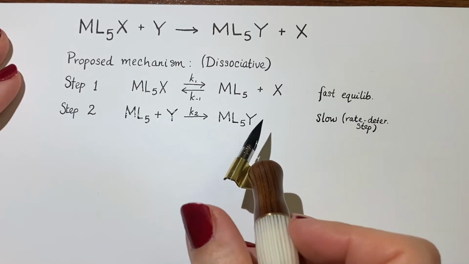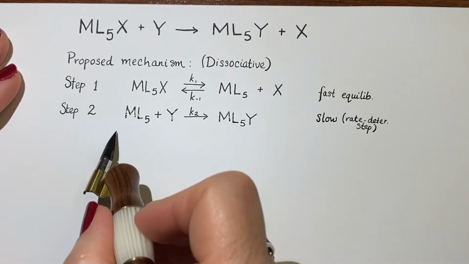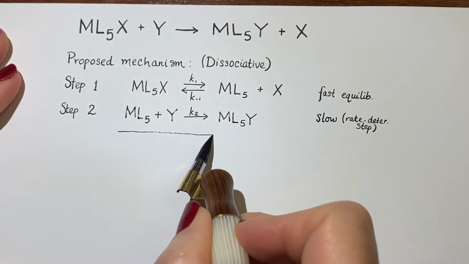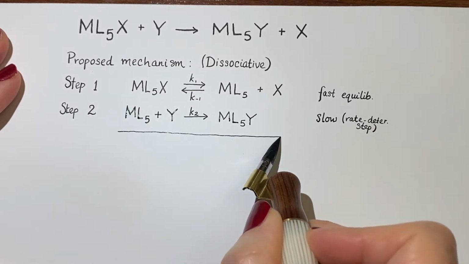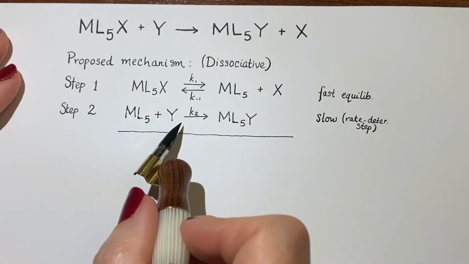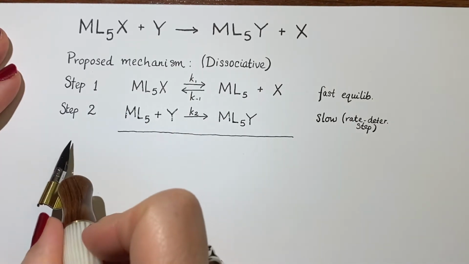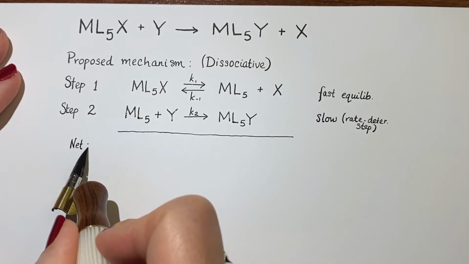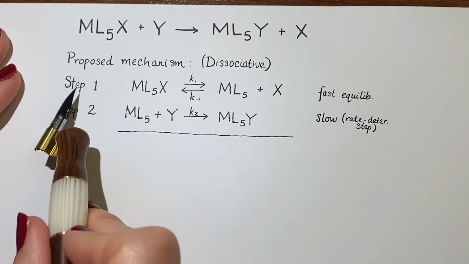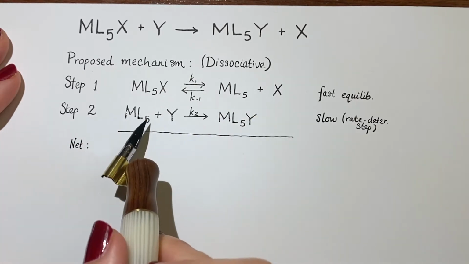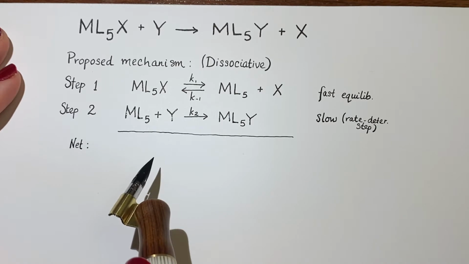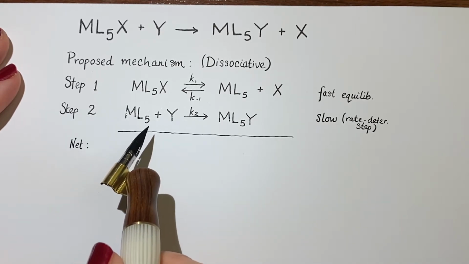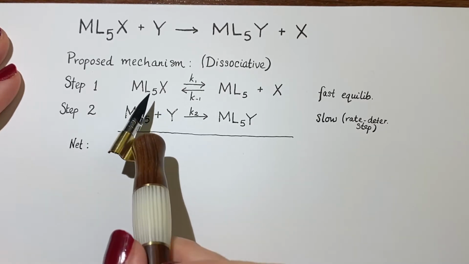One of the things that is required for a reasonable mechanism is that all of the elementary steps add up to give the net equation. Each of these are elementary steps. Elementary steps are telling us on the molecular scale what exactly is happening with the molecules.